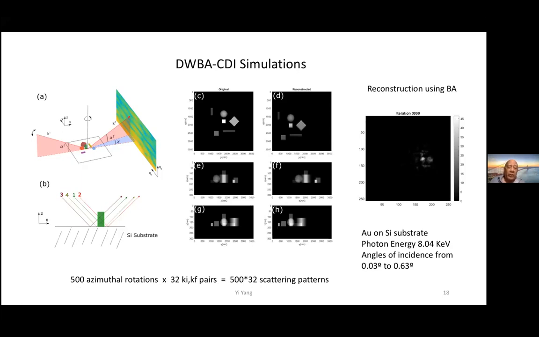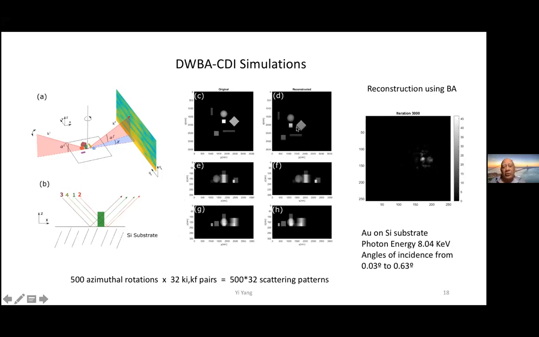But a GISAXS pattern can be taken very quickly, in some cases just a second or two. So this may not be impractical, and there may be more efficient ways to cut these numbers down and still not lose the detail we need from the image. But anyway, you can see it works very well. This is the actual objects projected in the XY plane, the XZ plane, and the YZ plane.